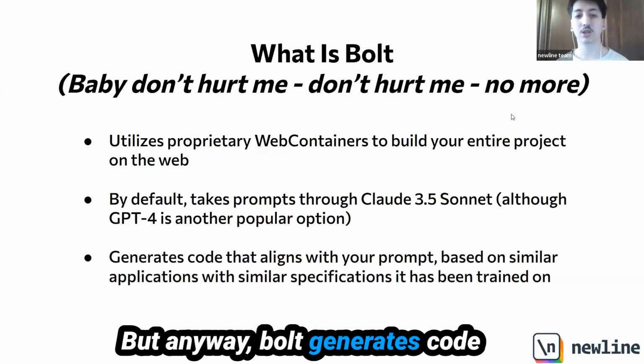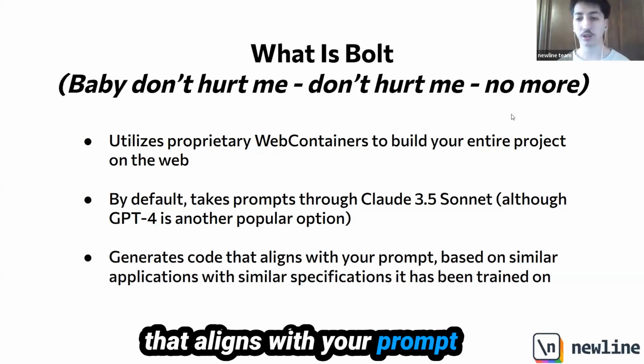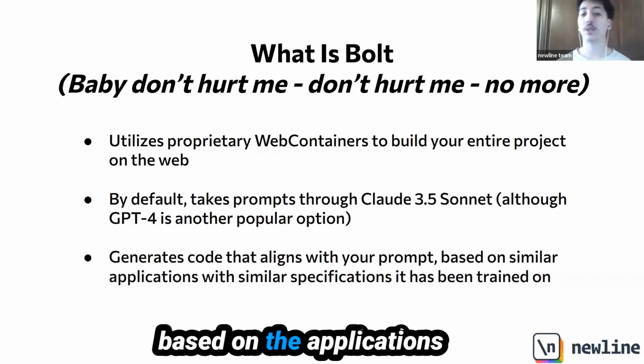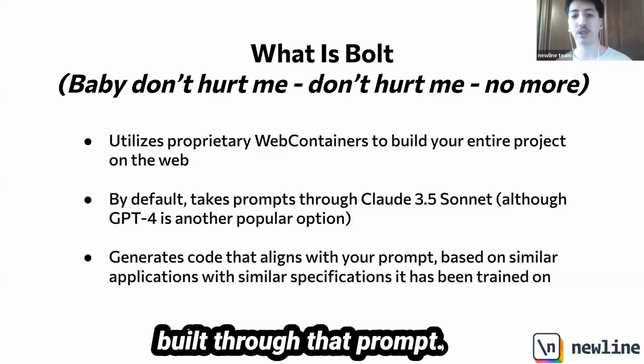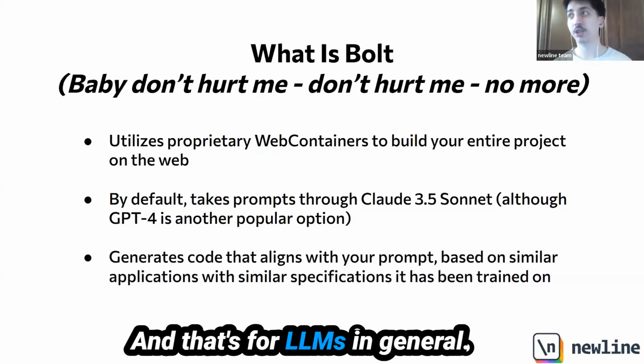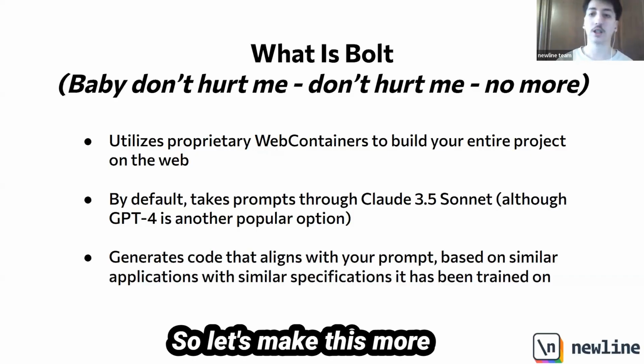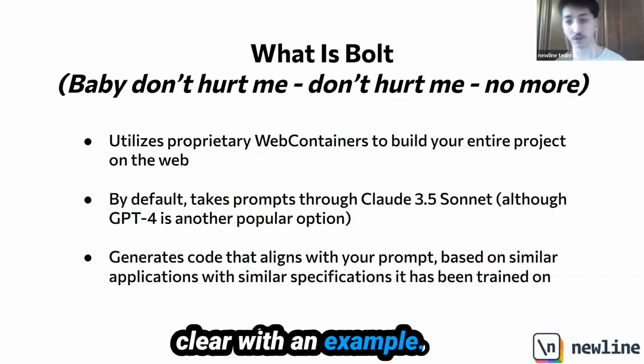Bolt generates code that aligns with your prompt based on the applications that people before you built through that prompt. And that's for LLMs in general. So let's make this more clear with an example.